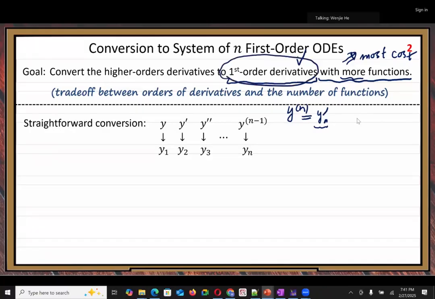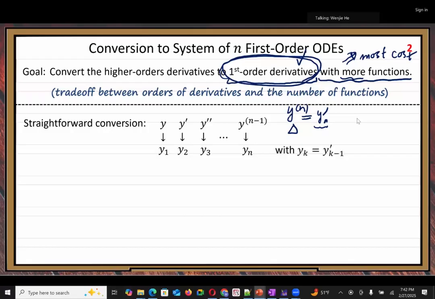If we can use first order derivatives, why introduce a new symbol for the nth order derivative? We don't need to. So we can save one symbol.